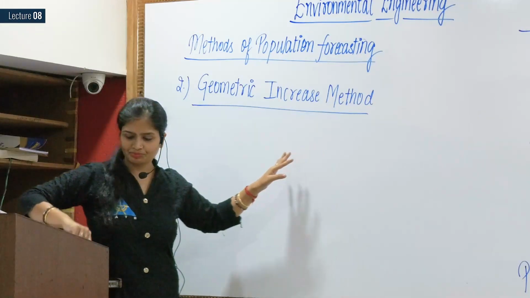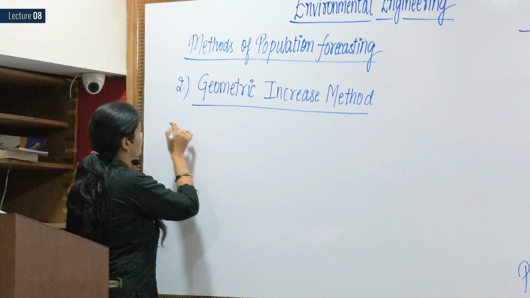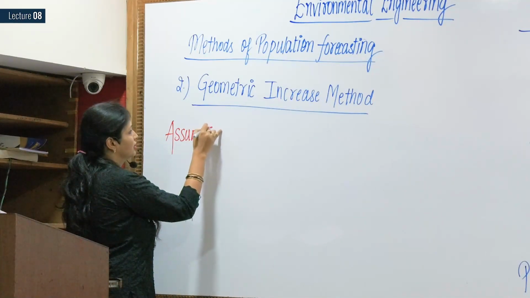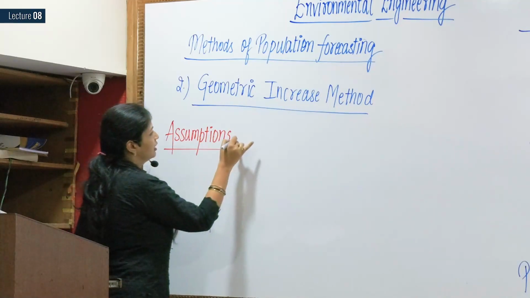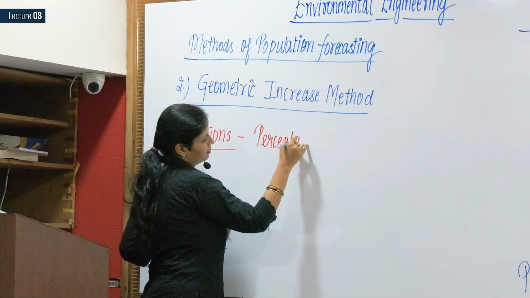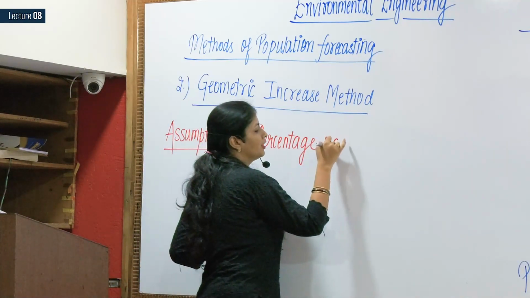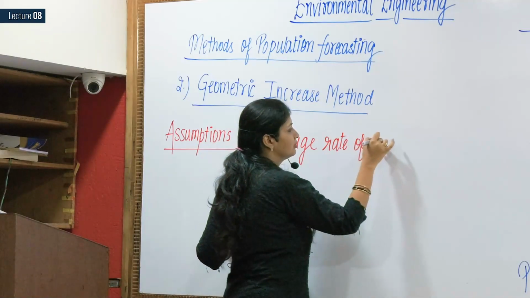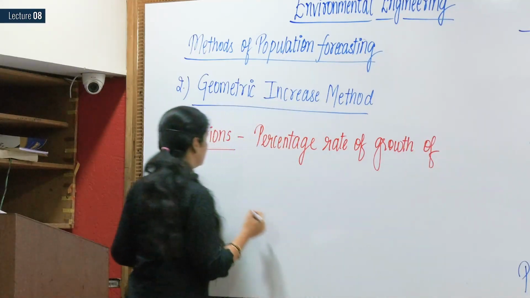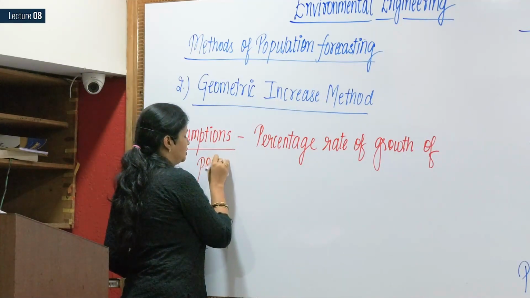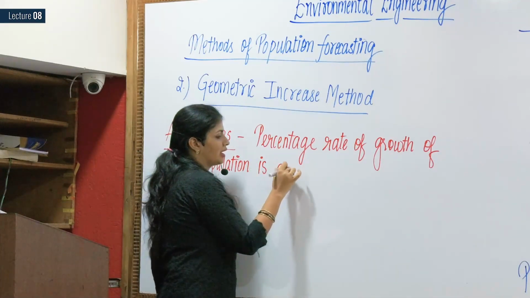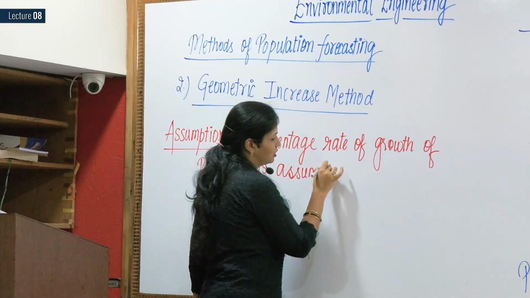So the assumption is that the percentage rate of growth of population is assumed to be constant.